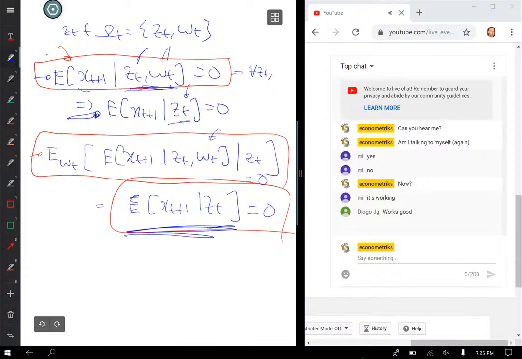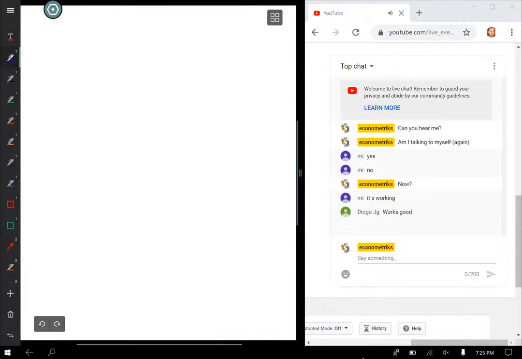So the next bit then. Now, from our more general condition, we've got E of beta u dash ct plus 1 times (1 plus rt plus 1) minus u dash ct, given this subset information set, is naught for all zt.